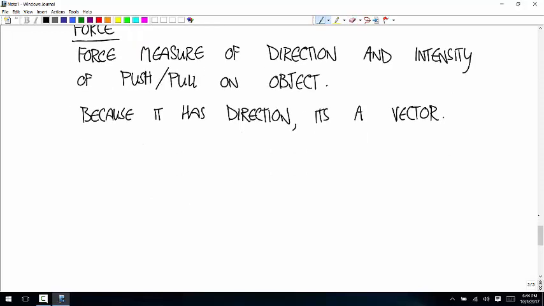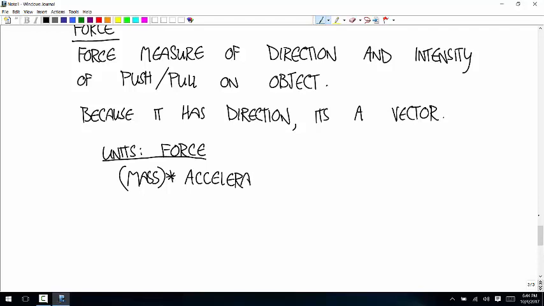And the units of force always have a unit of mass times a unit of acceleration. And the SI units, well, the units of mass in SI units are kilograms.